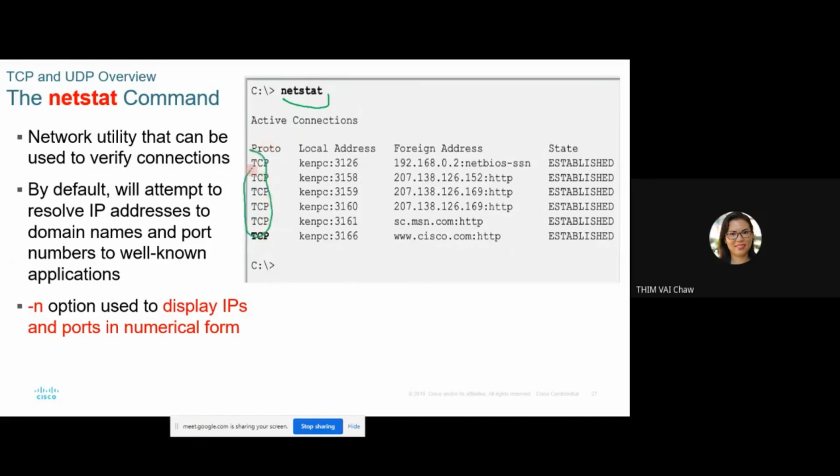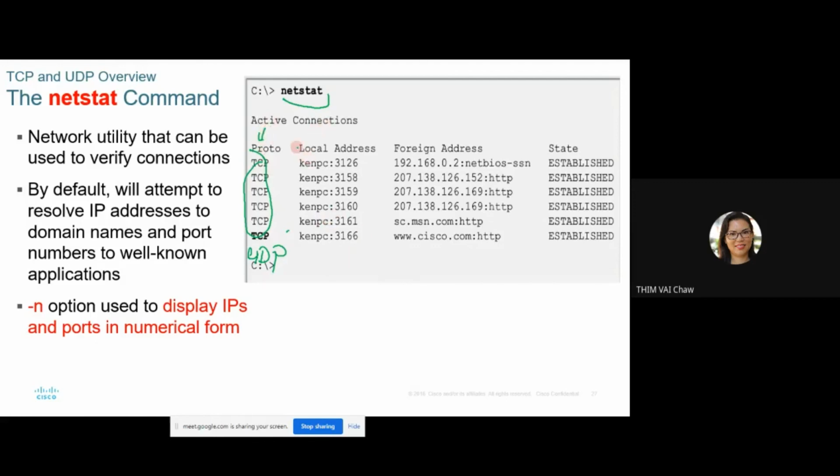You will not be able to see any UDP. Don't be confused, because established refers to the three-way handshake. UDP does not establish any connection, that's why you will not see that protocol. The first column indicates the protocol.